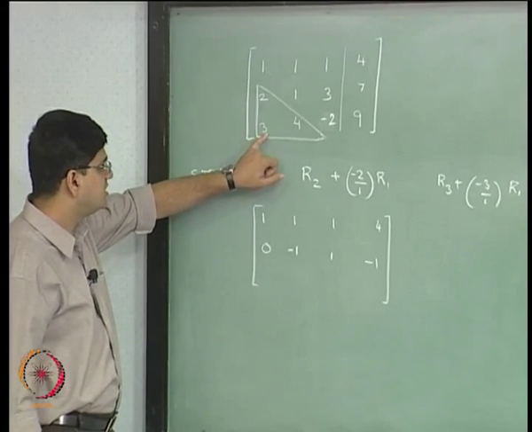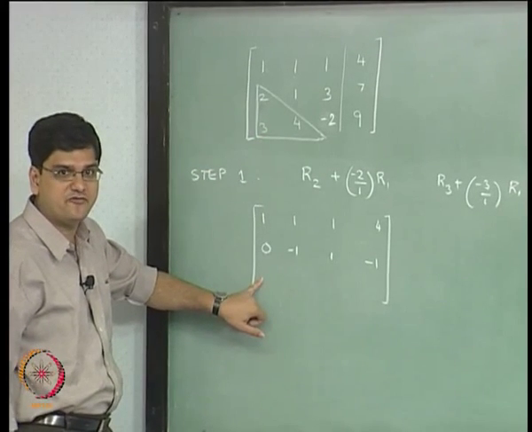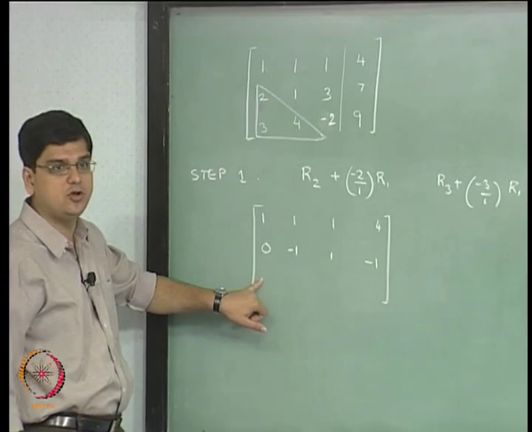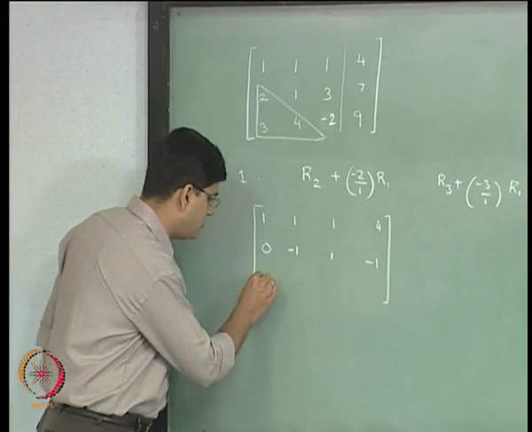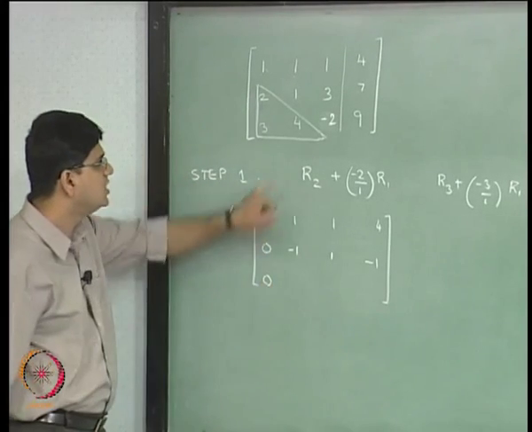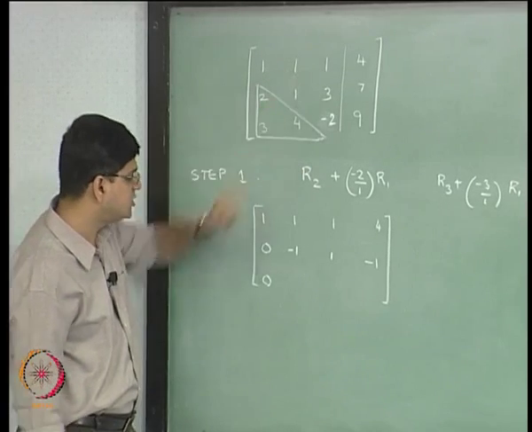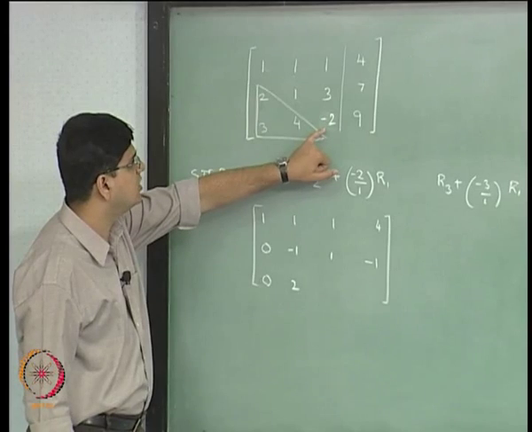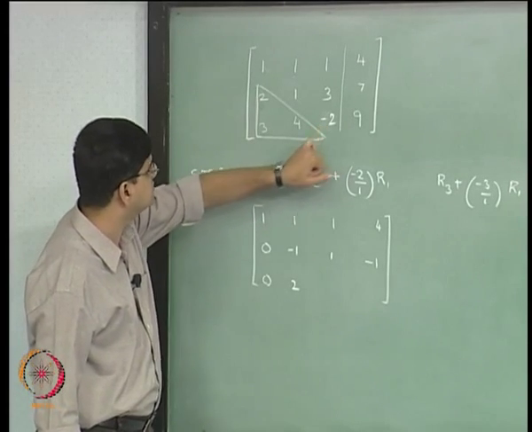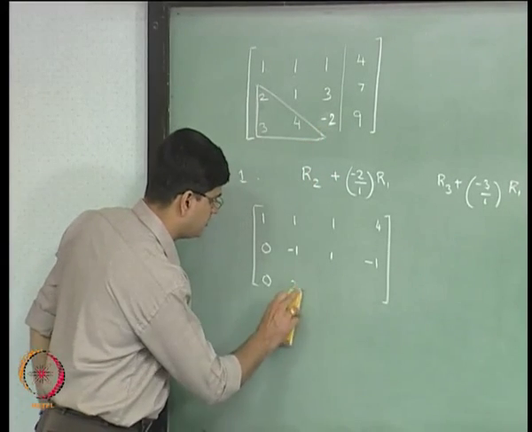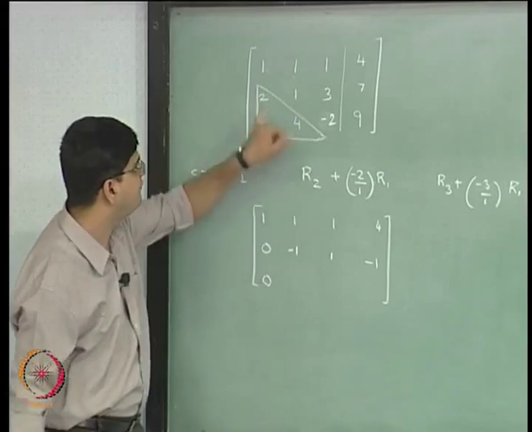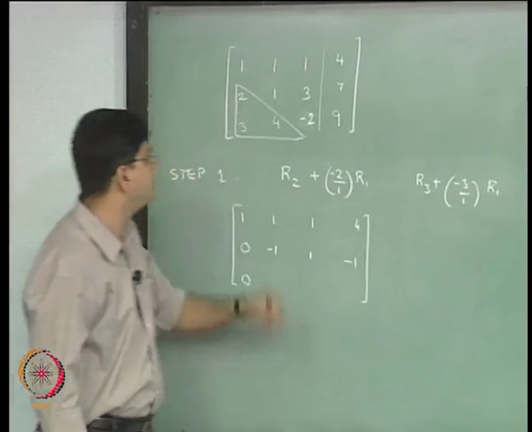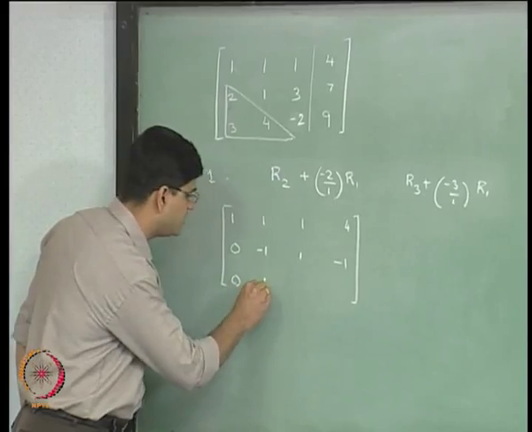This term again we know for a fact is going to be 0, so we do not do this extra computation, we just put 0 here. This is going to be 4 minus 3, sorry, 4 plus minus 3 multiplied by 1, so 4 minus 3, which is equal to 1.